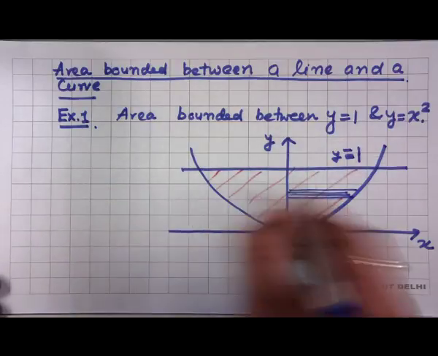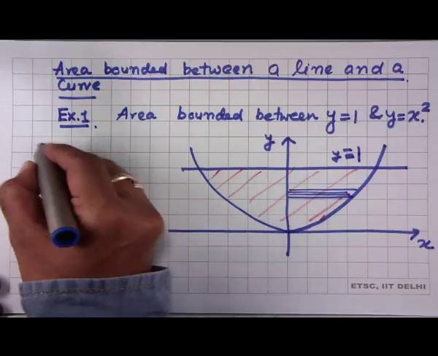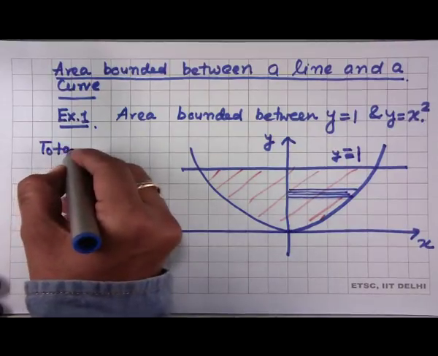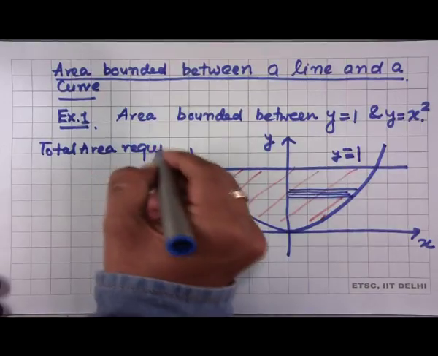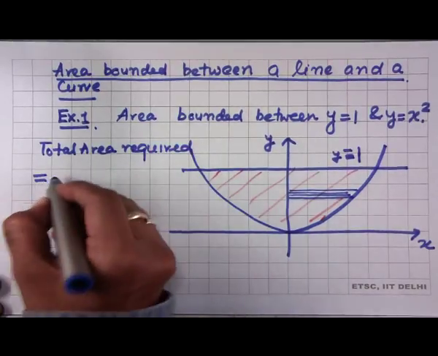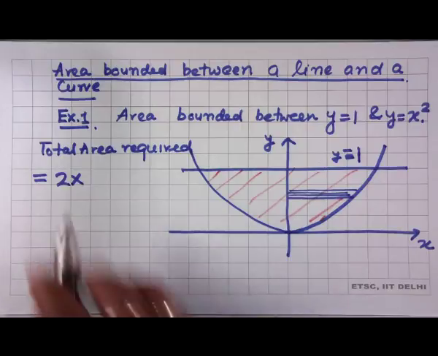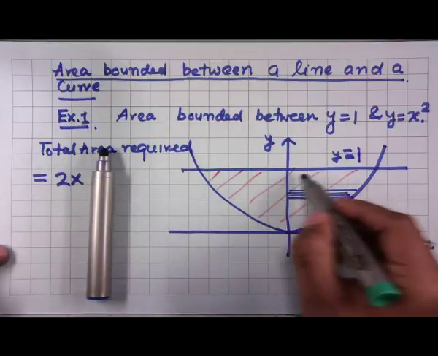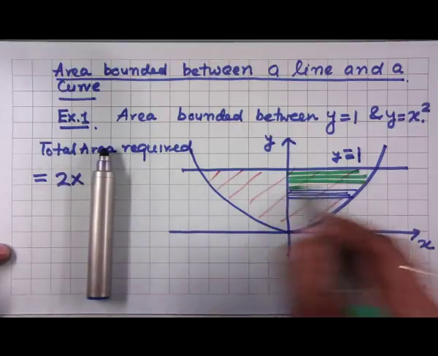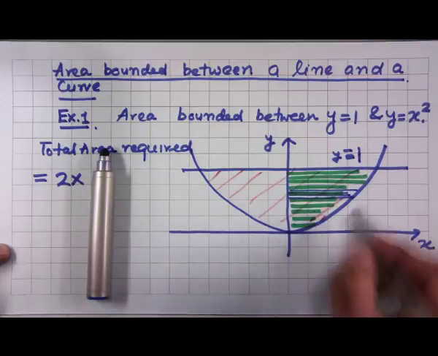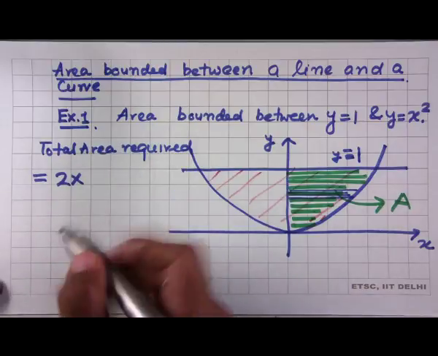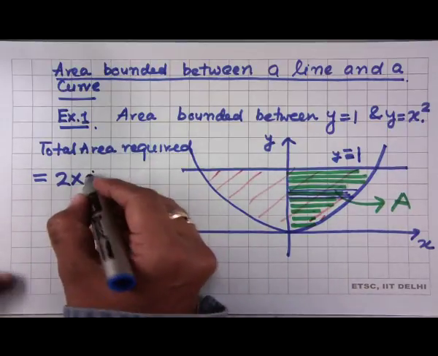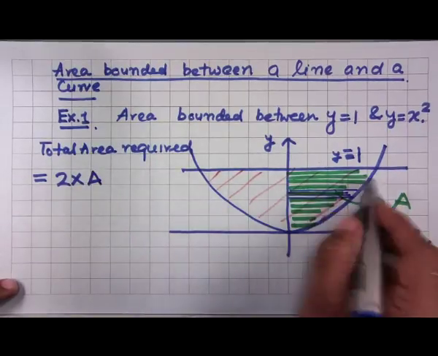So, the total area required is equal to twice of area shaded by green, say, twice of area A.